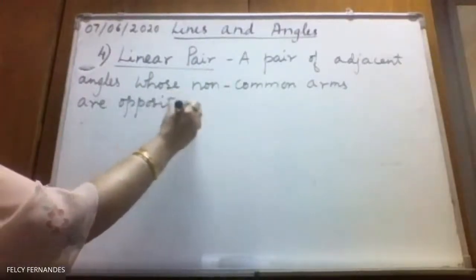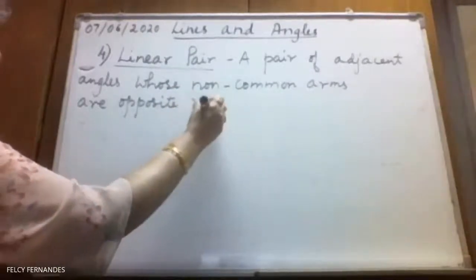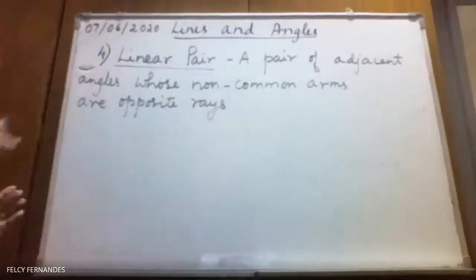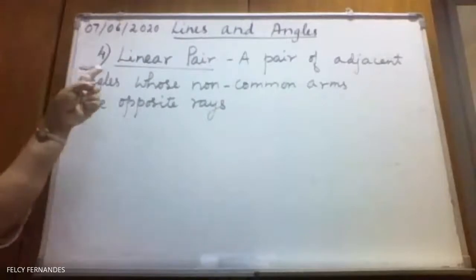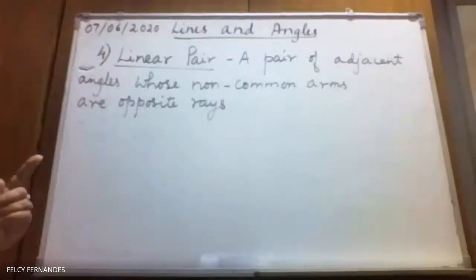They are called a linear pair of angles.